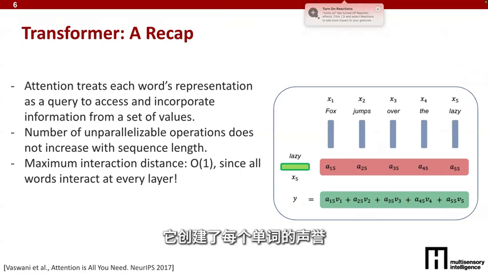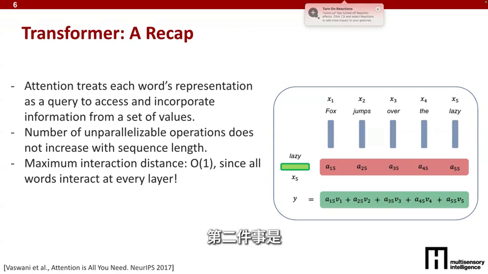It treats each word's representation as a query to access and incorporate information from other word tokens. The good thing about that is that the number of unparallelizable operations doesn't increase with sequence length. So no matter how long your input sequence is, you can just use one single operation to process all of it.